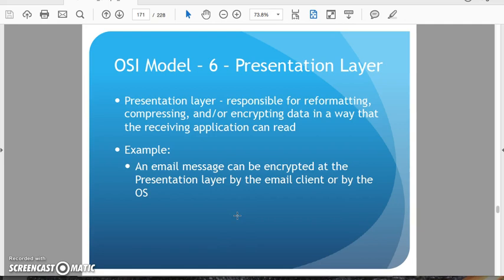So the presentation layer is responsible for getting things formatted in such a way that the receiver is able to either reverse that encryption process or be able to read it.